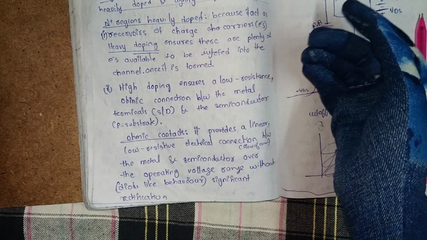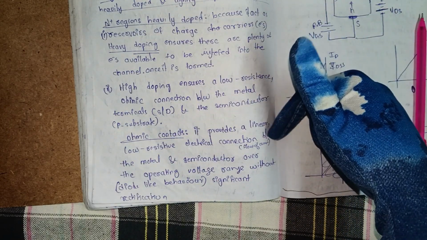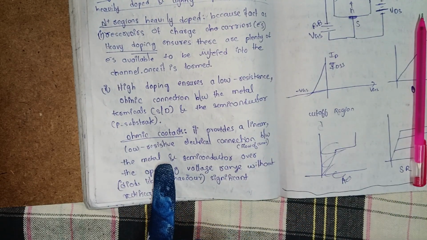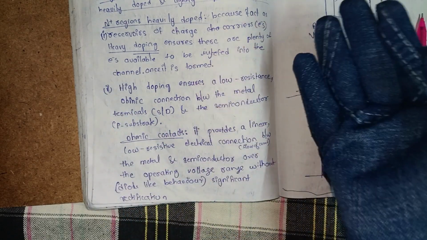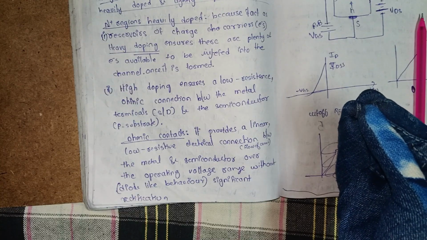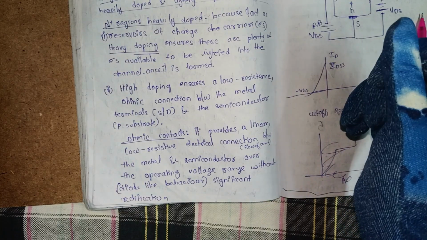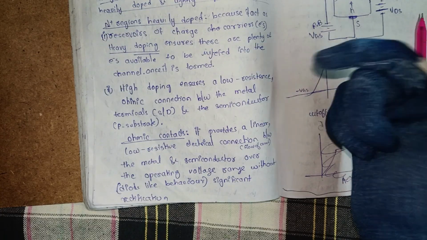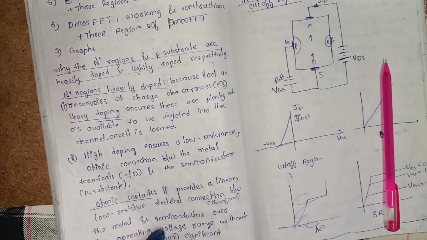Without that, it provides a linear low resistance electrical connection, meaning flow of electrons between the metal, here the ohmic contacts of source, drain and P substrate, and the semiconductor, the P substrate, over the operating voltage range without significant rectification.